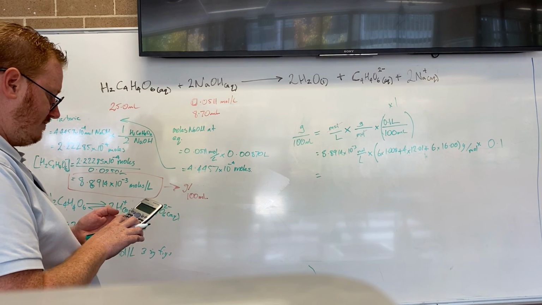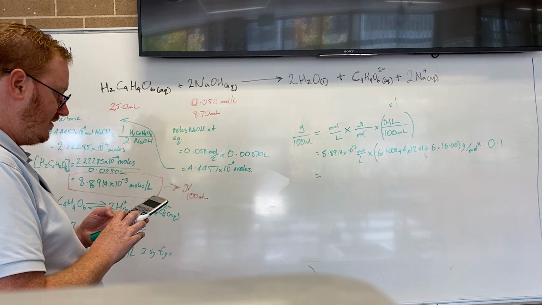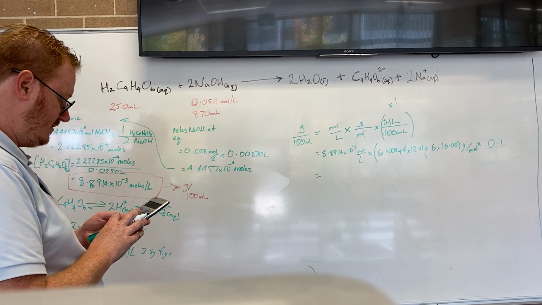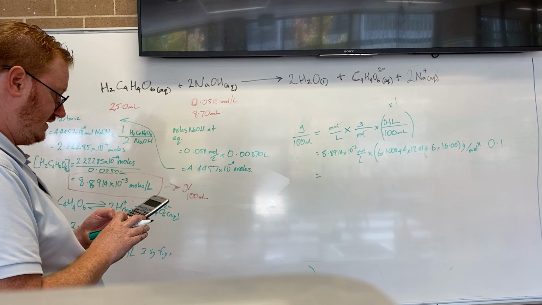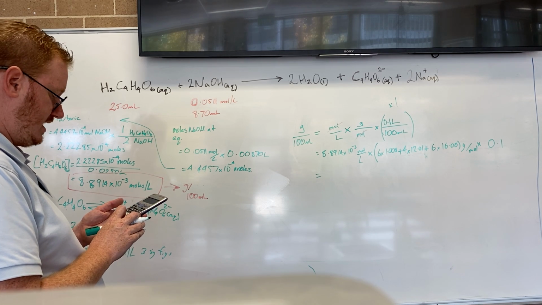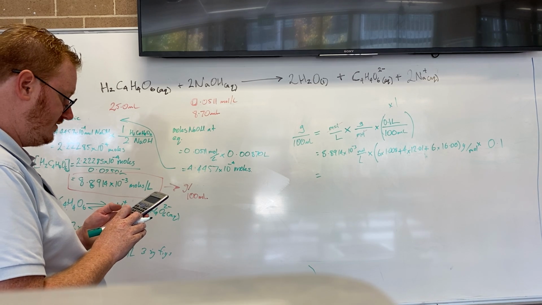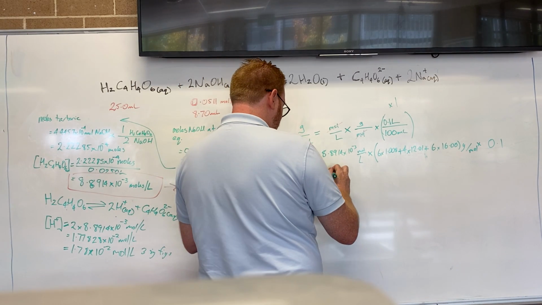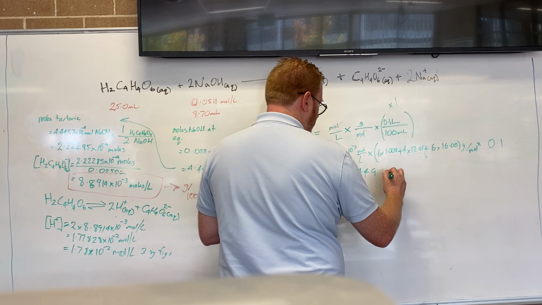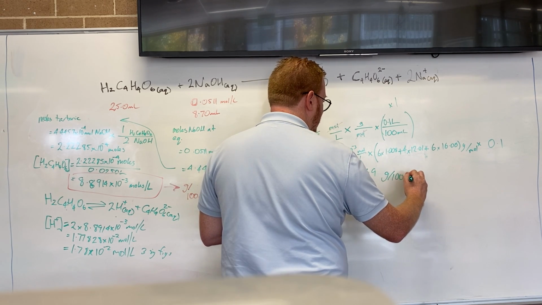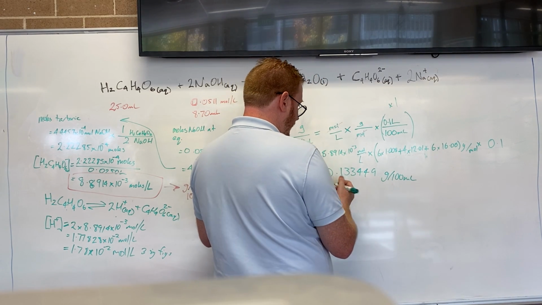I'm going to multiply it by the molar mass: 6 times 1.008 plus 4 times 12.01 plus 6 times 16, and then I'm going to multiply it by the 0.1 factor at the end, and I get 0.133449 grams per 100 milliliters. 3 significant figures because of all the inputs before.